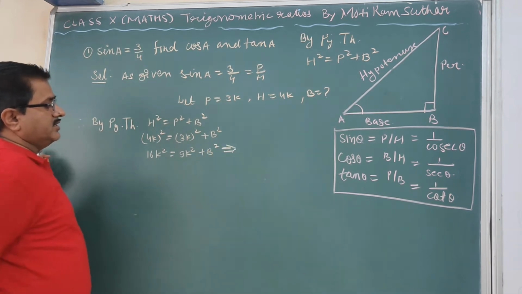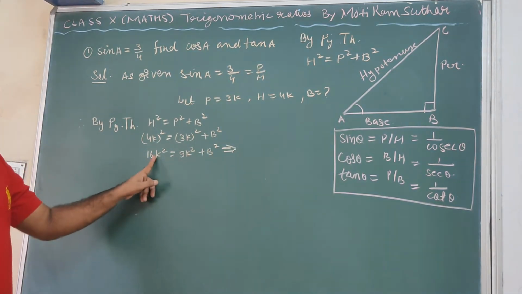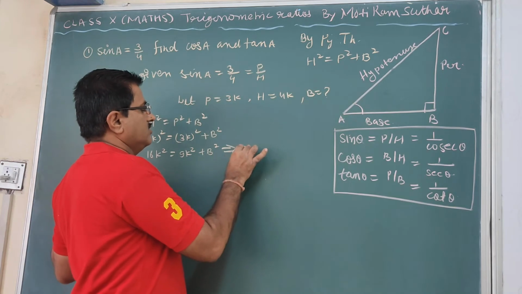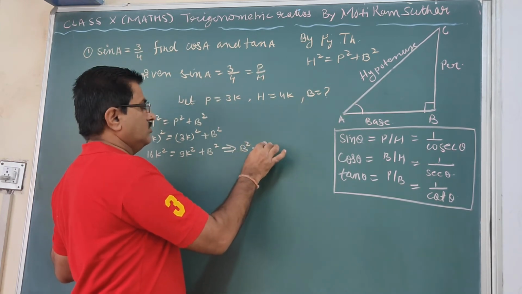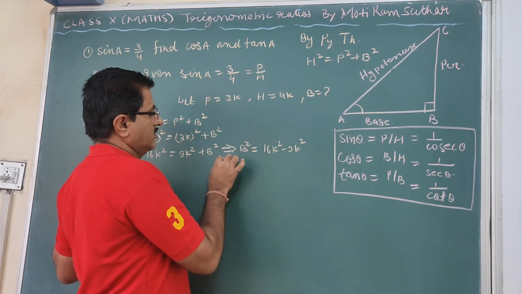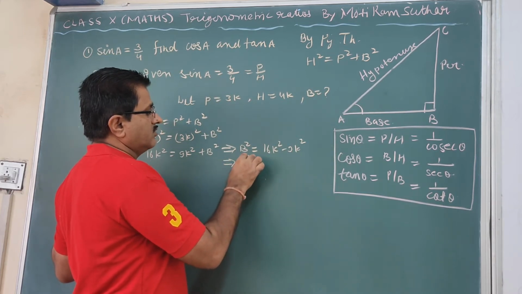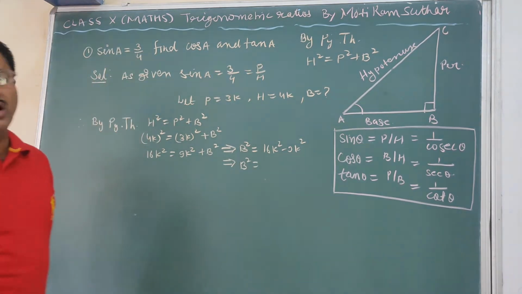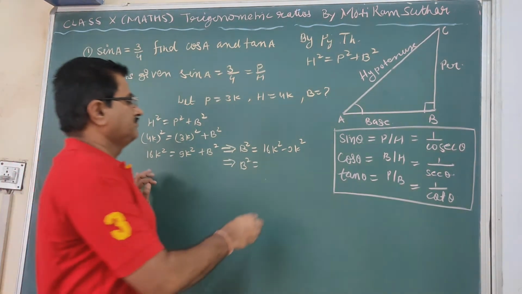Now rearranging, we take it to the other side. So what we get: b square is equal to 16k square minus 9k square. Or you may write b square equal to 16 minus 9, that is 7k square.